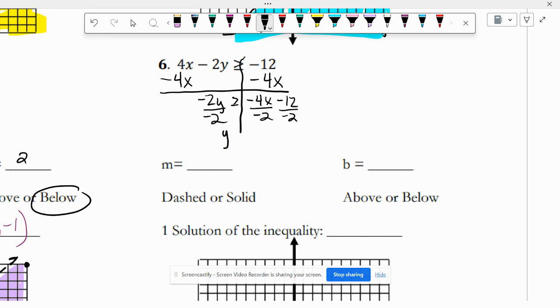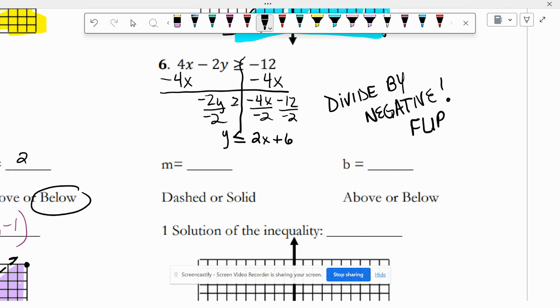Y, what am I dividing by? So what do I have to do? Flip it. Y is less than or equal to 2x plus 6. I'm going to put a little note here that says divide by a negative, which means that I have to flip.